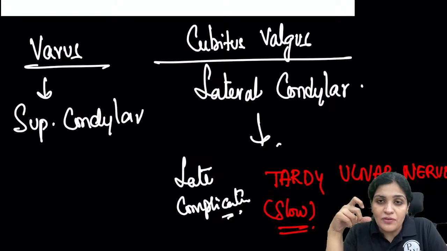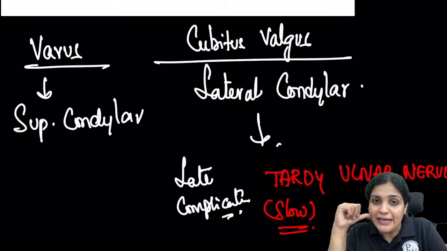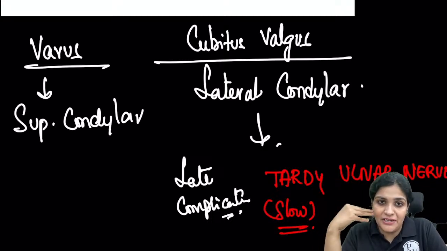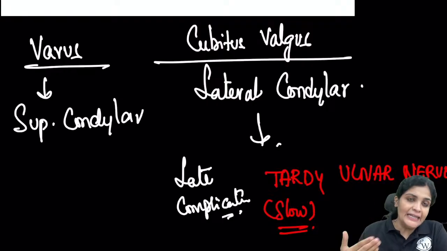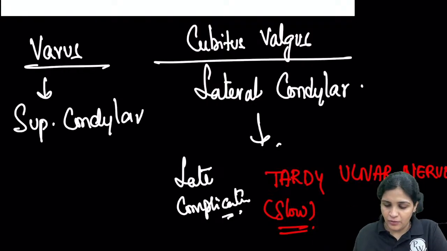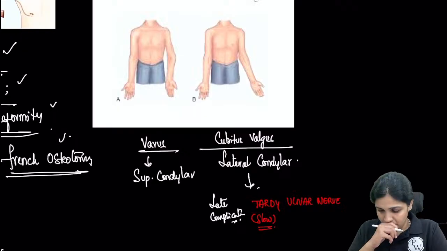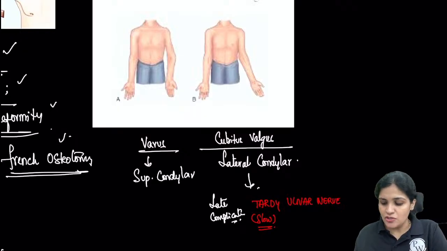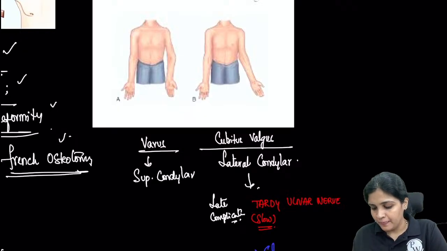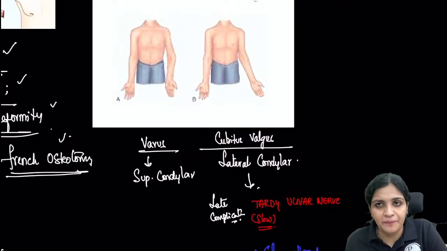Because of that there will be stretch of the ulnar nerve, and this is seen as a late complication. Hence this is called tardy ulnar nerve palsy. So whenever a patient of, say, 10 years old presents with claw hand, you have to examine for this cubitus valgus deformity. Is that clear?